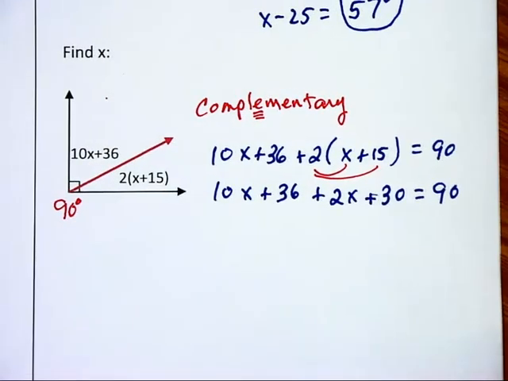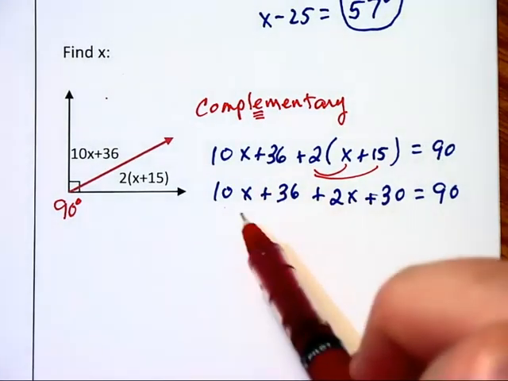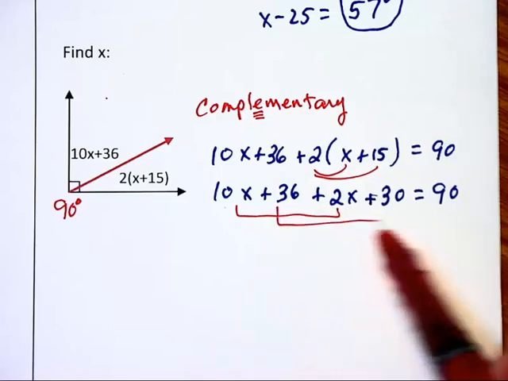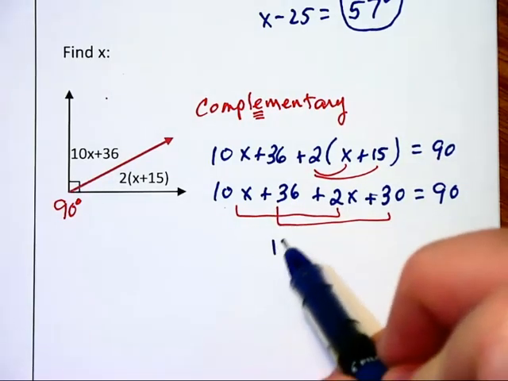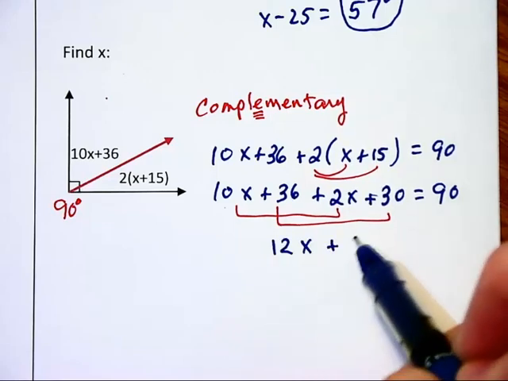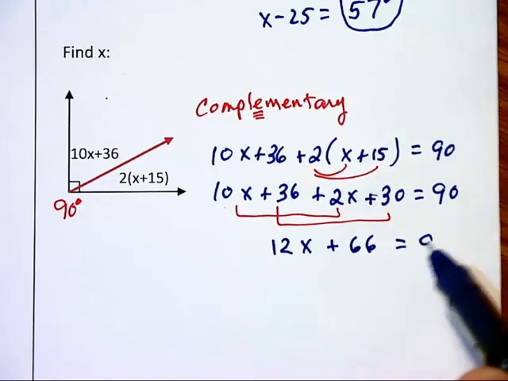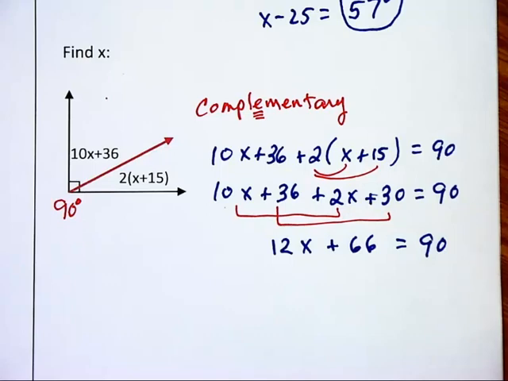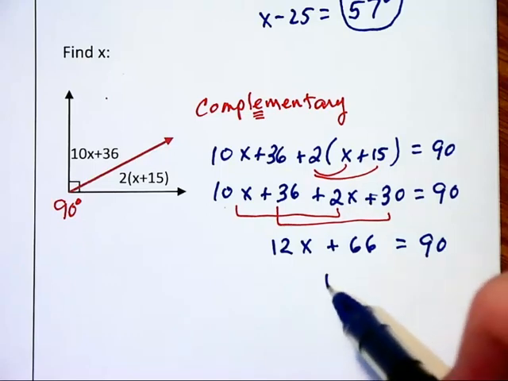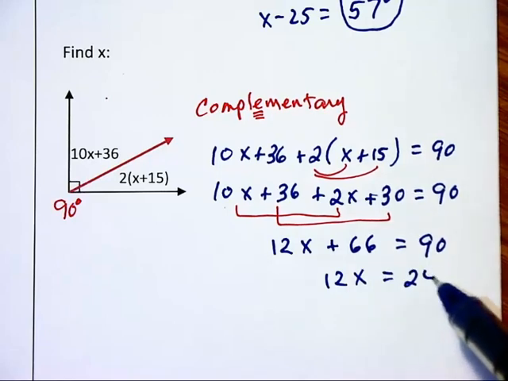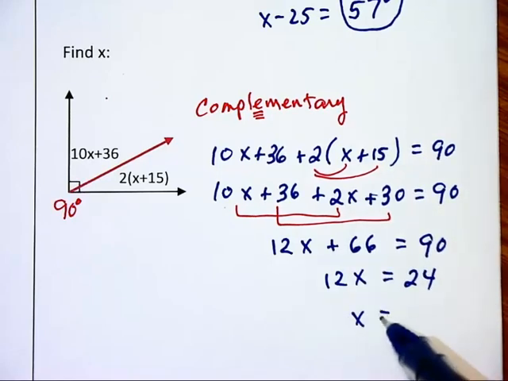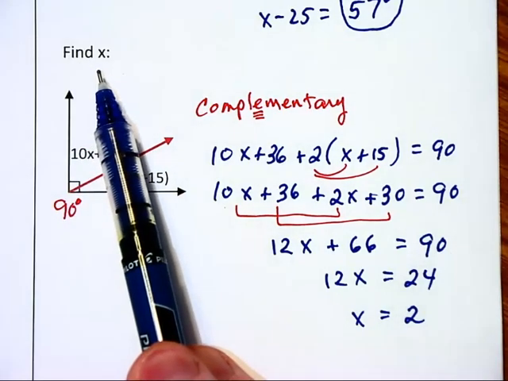We will then combine like terms. We have terms with x's and constant terms on the left. So we now have 12x plus 66 is equal to 90. Subtracting 66 on each side, we have 12x is equal to 24, and therefore x will equal 2, and the directions just told us to find x.